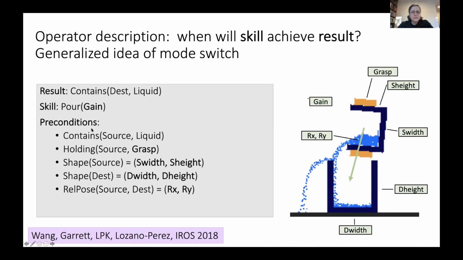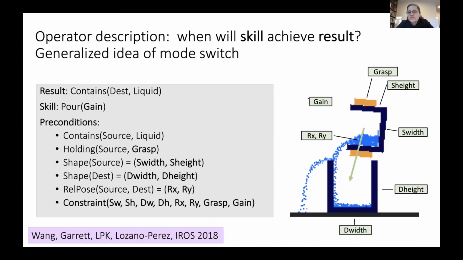Then we would write an operator description like this. We might have preconditions that say the source container has liquid in it, and we're holding the source using some continuous grasp parameter. The source container has some shape. The destination container has some shape. There's a relative positioning between the two things.